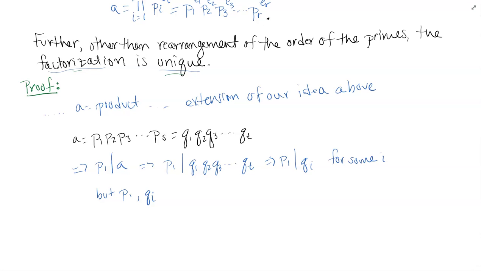So let's just say, assume Qi is equal to Q1. And this is going to help us with note taking. And again, you can rearrange this, so whatever. Both prime. Okay.